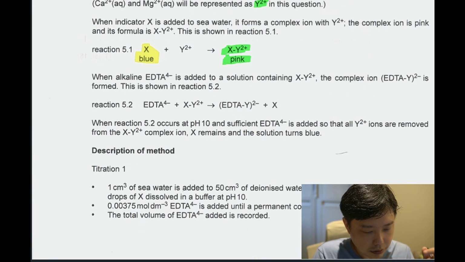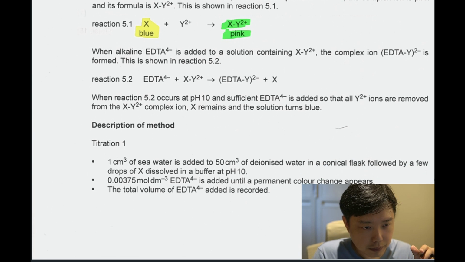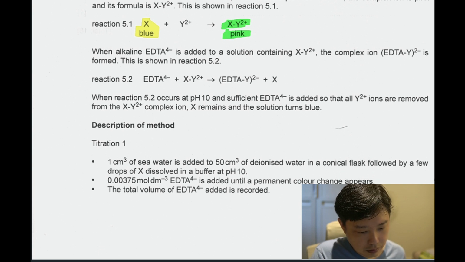It kicks out the indicator, so this reaction 5.2 actually happens. X remains and the solution turns blue. Remember, X by itself is blue in color. So when EDTA comes in, it kicks out the indicator and the solution turns back to blue.